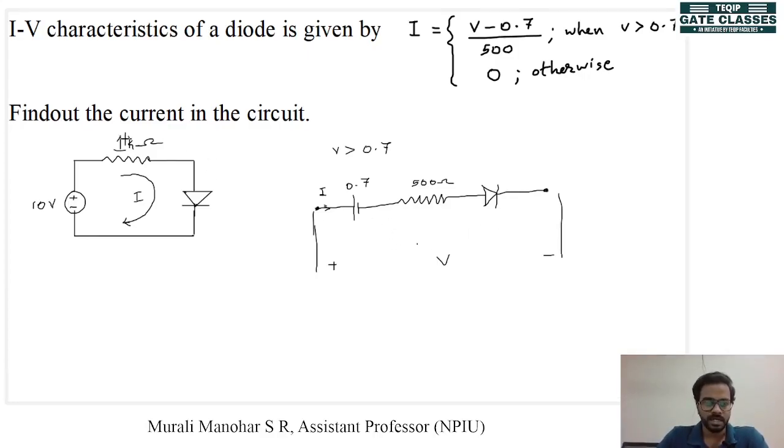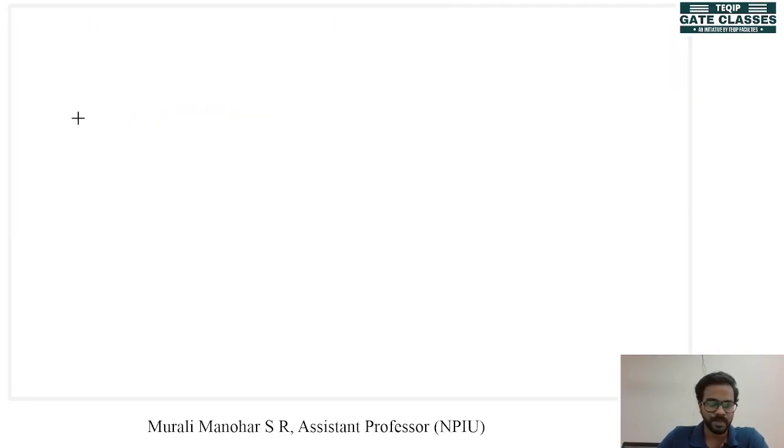Okay, let's redraw this circuit on the left by applying this equivalent circuit at the diode side. So we have our 10 volts and a resistance of 1 kilo ohm, and the diode is now changed to the equivalent circuit.